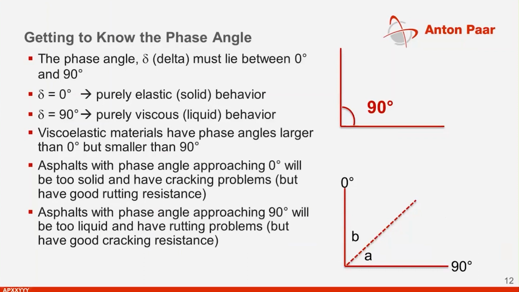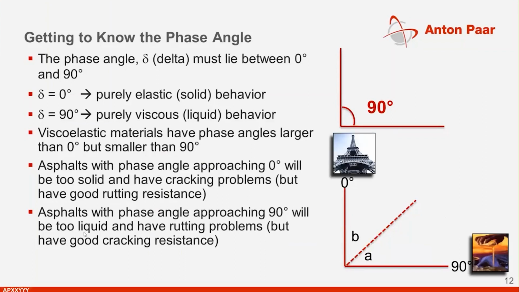But these binders usually have a good resistance against rutting. Binders approaching 90 degree phase angle usually are too liquid at a measured temperature and may have a good crack resistance, but problems with rutting because this kind of binders are too soft. So again, we are having our example of 0 degree phase angle, which is steel, or in this case, oil for 90 degree phase angle as an ideal viscous material.